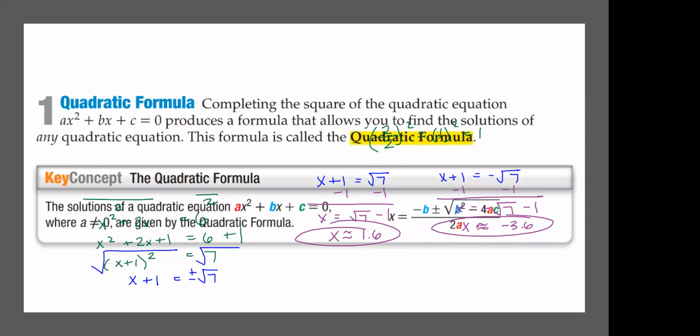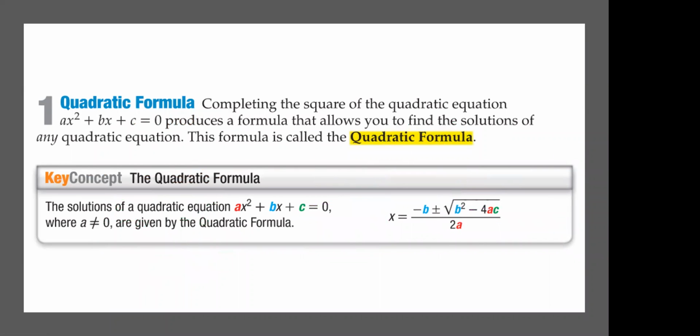The next section is after the practice quiz, but you will have a problem like this on the quiz where you'll have to use the quadratic formula to solve a quadratic equation. Recall, this is the quadratic formula: negative b plus or minus the square root of b squared minus 4 times a times c, all over 2a.